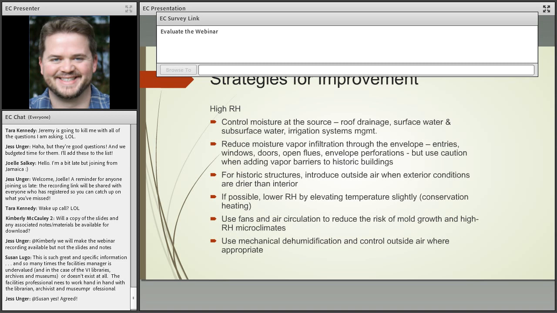For a lot of storage environments, it's a less critical issue because there are very, very rare occasions where the occupancy in a storage environment would be greater than what the dehumidification design is capable of. So when we think about the moisture impact of people and dehumidification specifically, it's really in a gallery scenario or in that public space and making sure that we have that design built in.